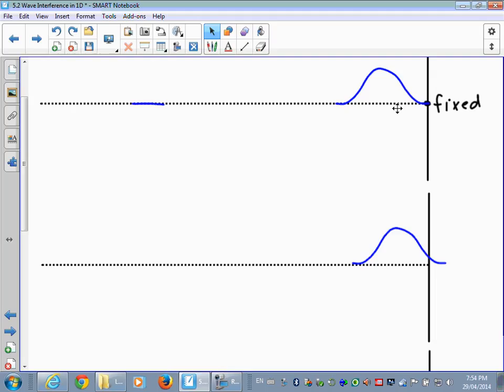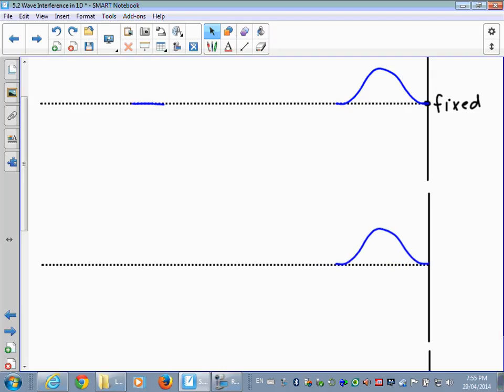Here's the other problem that you have. I said that right over here, that is a fixed end. Fixed means not moving. So this point directly above it, right here, can't move. It can't be up there. So what basically is going to happen, if we back this up just a little bit, erase that.